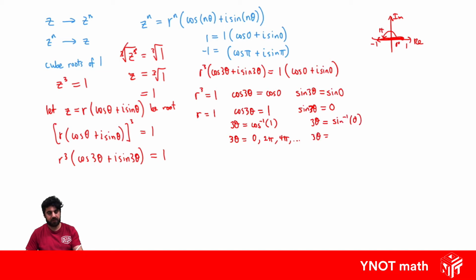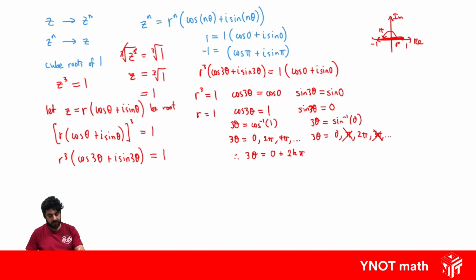So we've got to think about where sine is equal to 0. Sine is 0 at 0, at pi, at 2 pi, 3 pi, and so forth. But we need values that match up. So 0 matches up, pi does not match up, and 3 pi does not match up, so it's only every 2 pi that the values match up. So we can therefore conclude that 3 theta has to equal 0 plus some multiple of 2 pi. So we can write it as 2k pi.